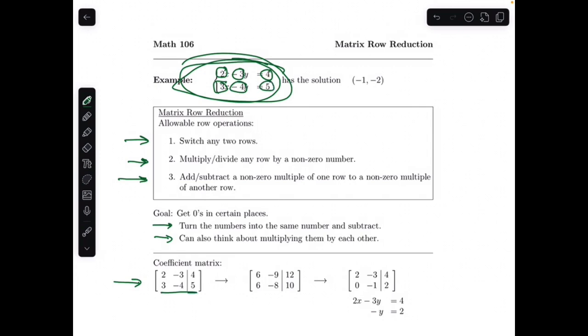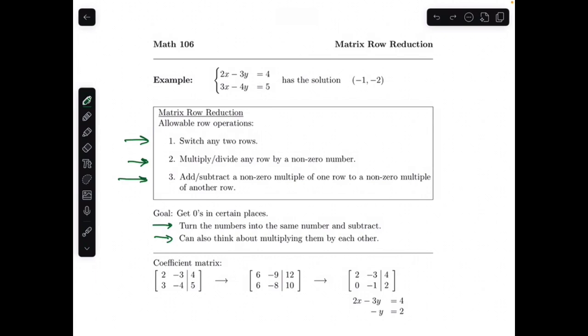So you're just taking your system of equations and taking out just all the numbers. You're leaving the x, y, and the equal sign out, and you're just looking at the coefficients. This vertical line here represents the equal sign, and it just separates the left side of the equal sign from the right side of the equal sign.